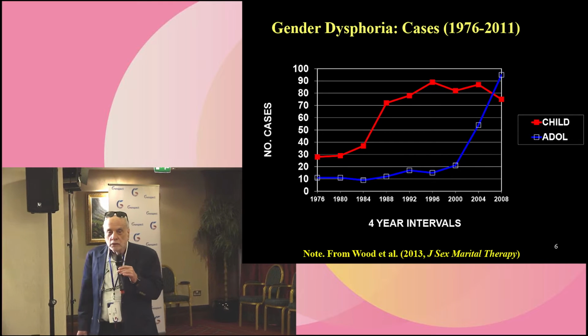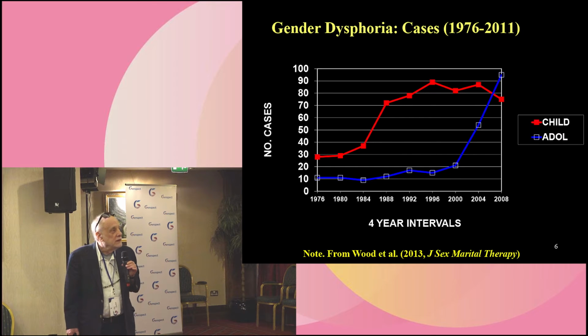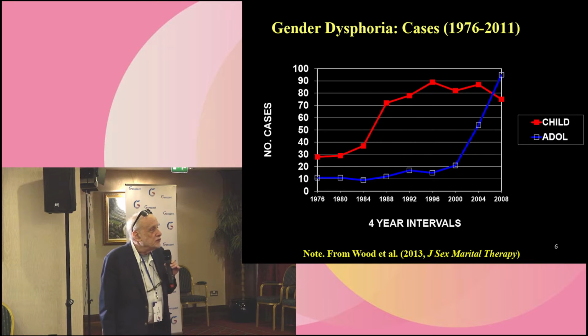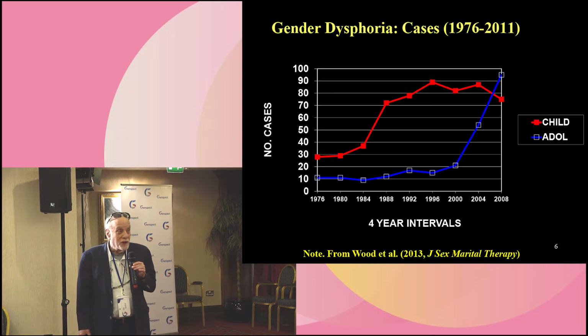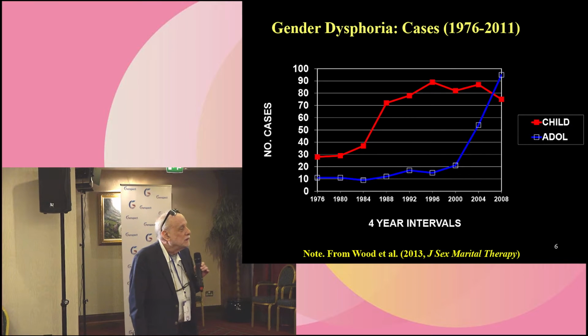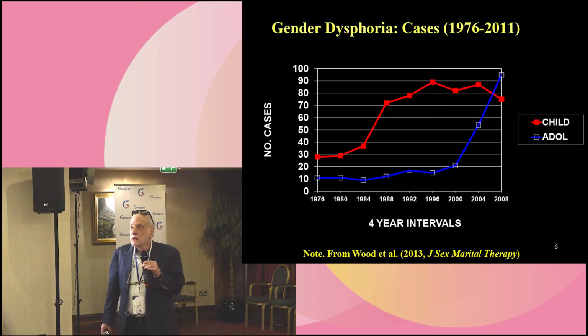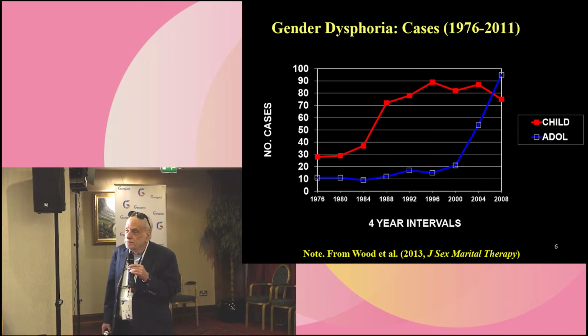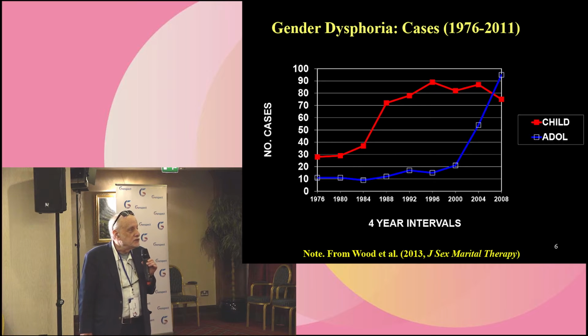But when I first began working in this area in 1975 in Toronto, at the age of 24, when our clinic in Toronto started, we saw more children than we did adolescents.